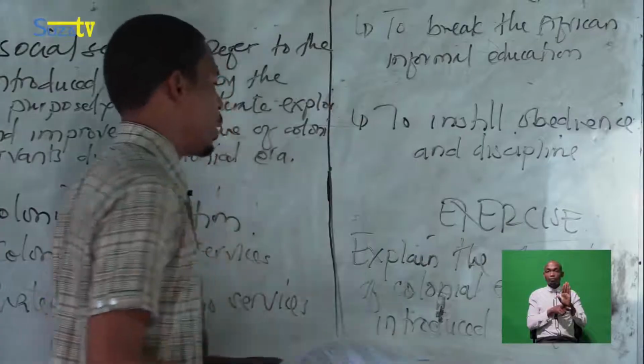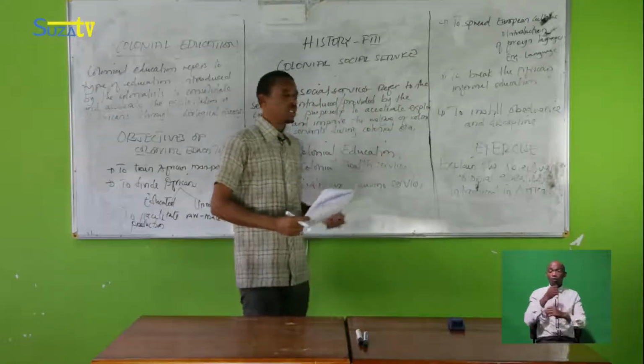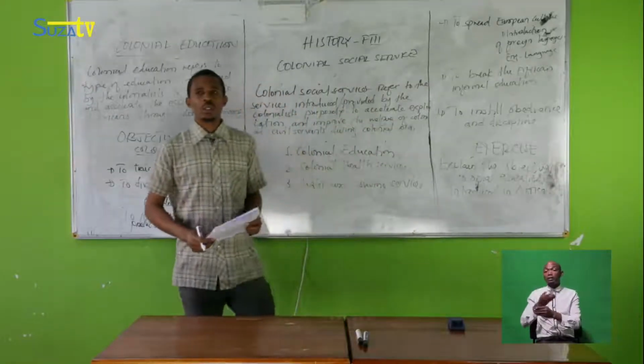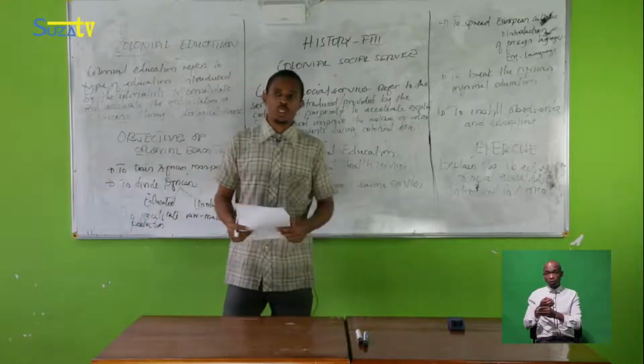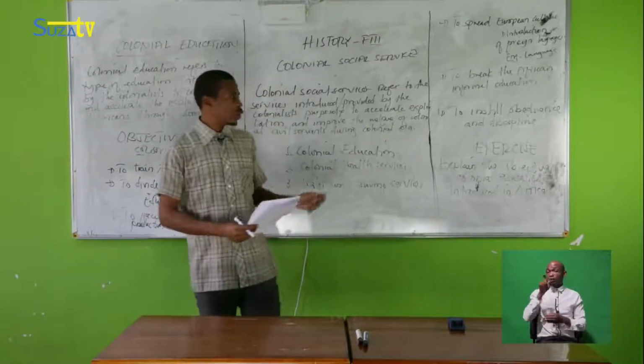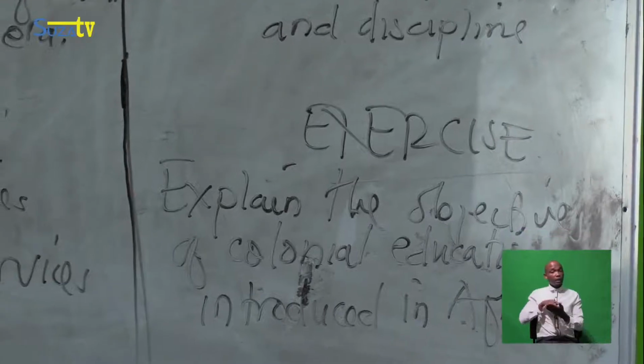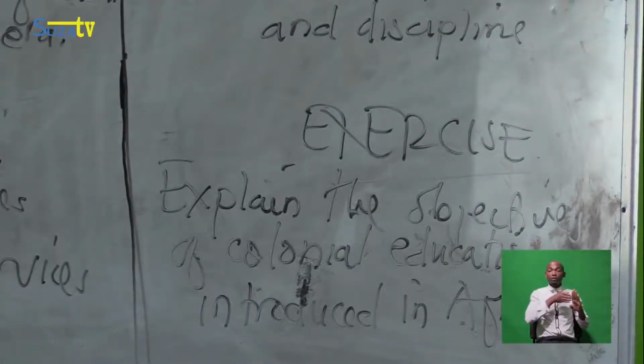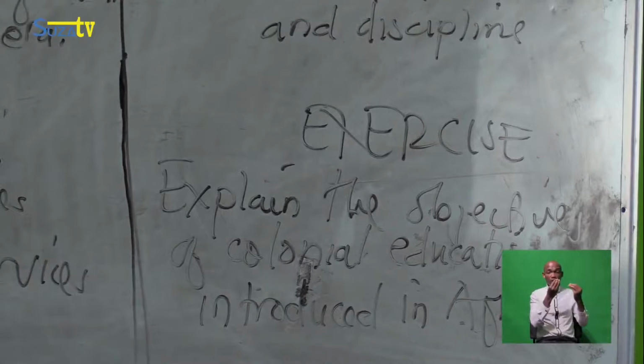So you are going to do this exercise by attempting that question. It says, explain the objectives of colonial education introduced in Africa.